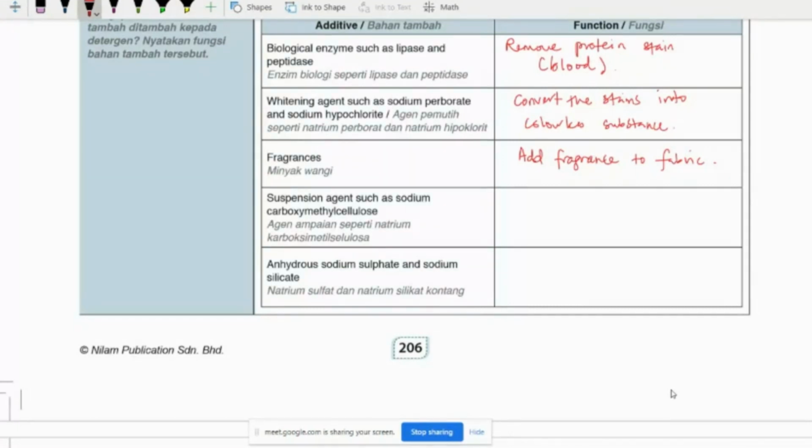So the suspension agent is purposely to prevent this situation.